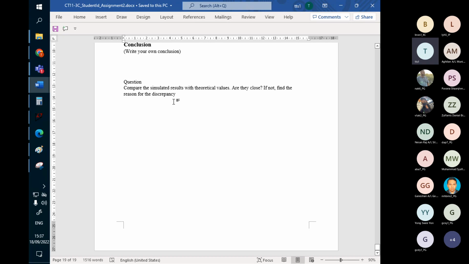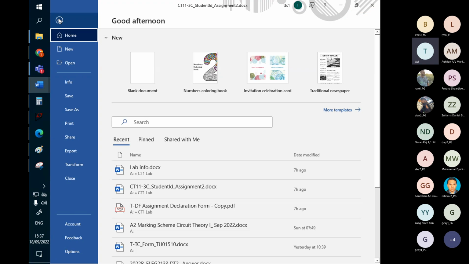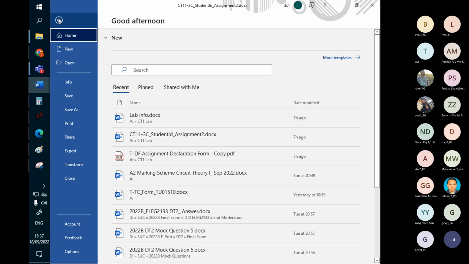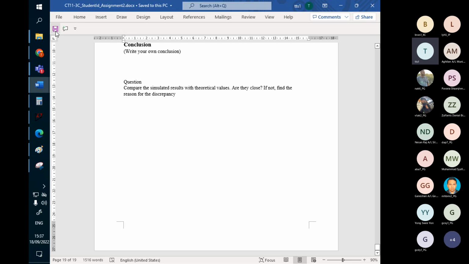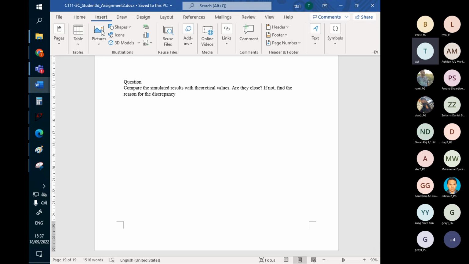That's why the date is not this week or next week; it's 2 months later. You still need to go through some tutorials to fill in the missing information. All right, let's save this one and insert another page break.